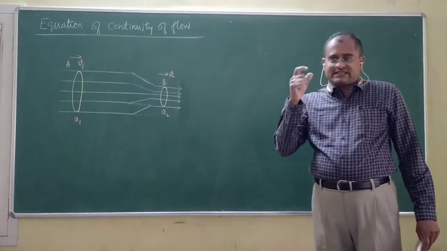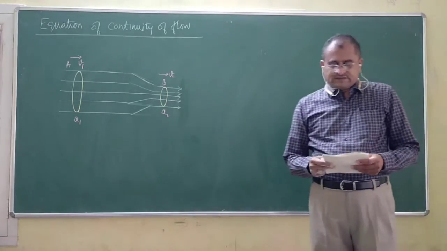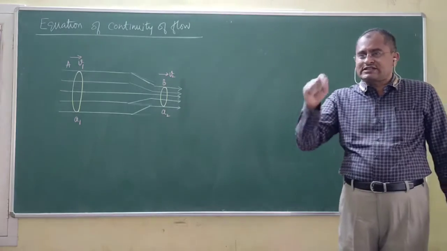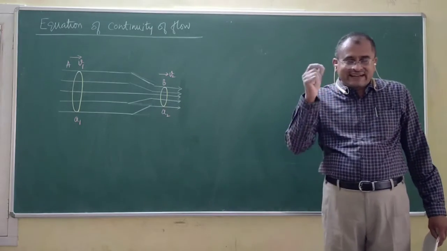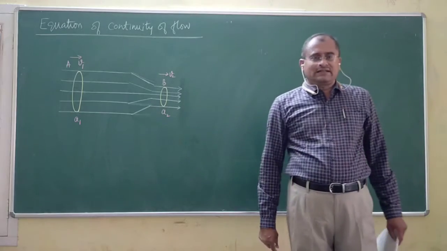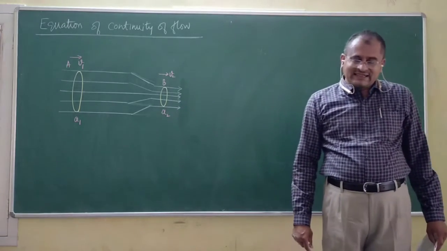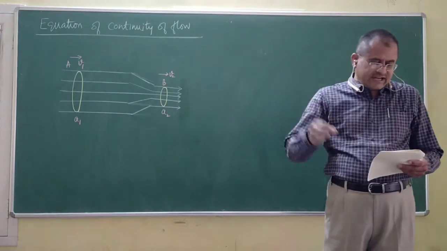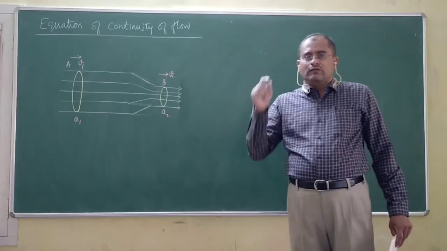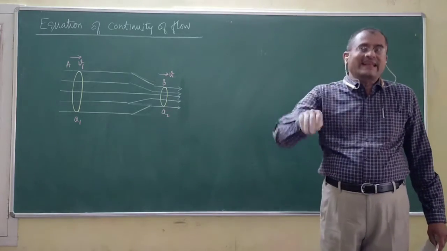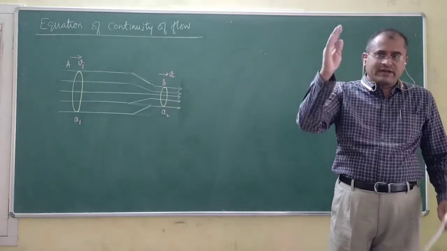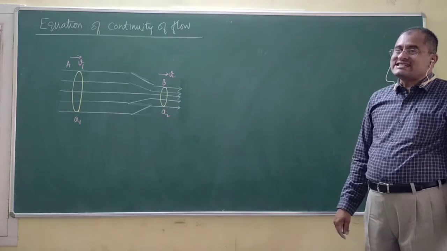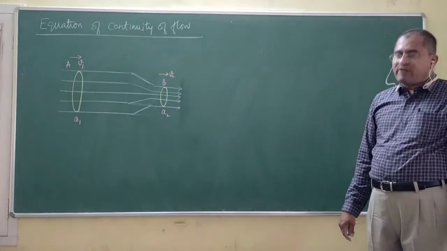Mass of fluid entering any cross section of a tube in a given interval of time is equal to mass leaving any other cross section in the same interval of time. This we call the principle of continuity of flow.